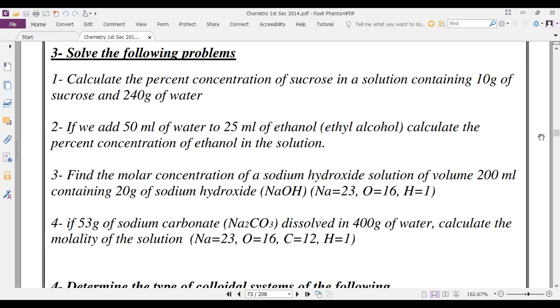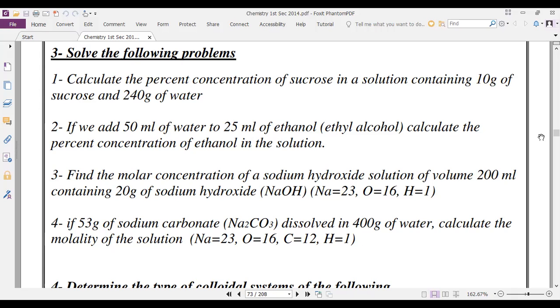Then I will get the percent concentration. It will be 100 times 25 over 75, the volume of solute over the volume of solution. It will be 33.33%.